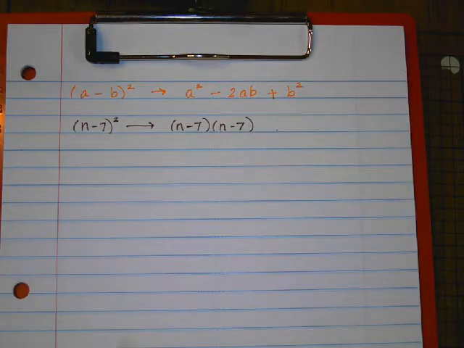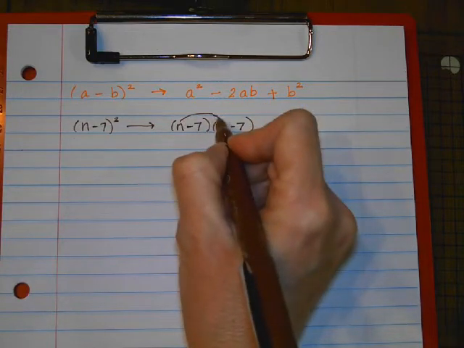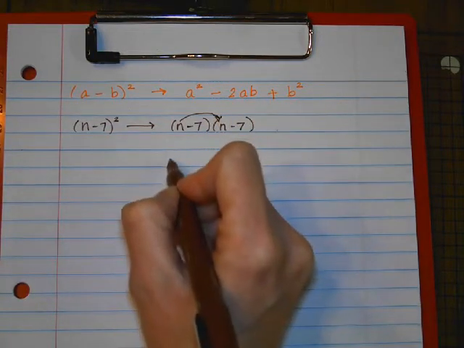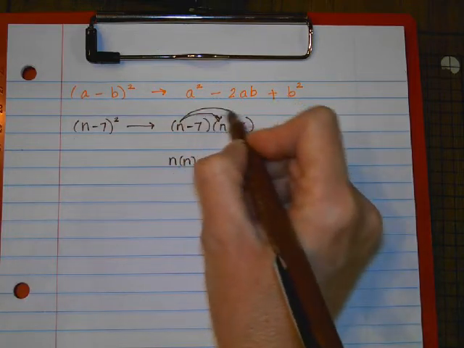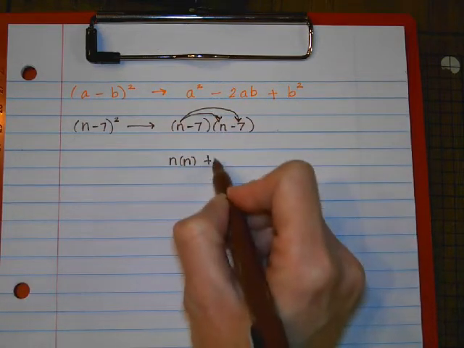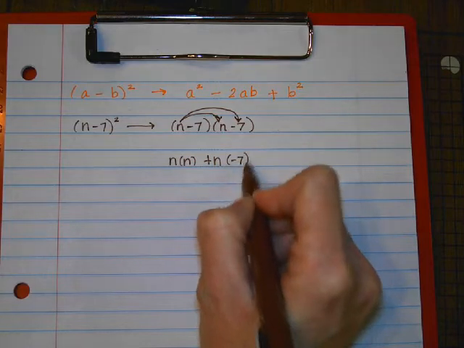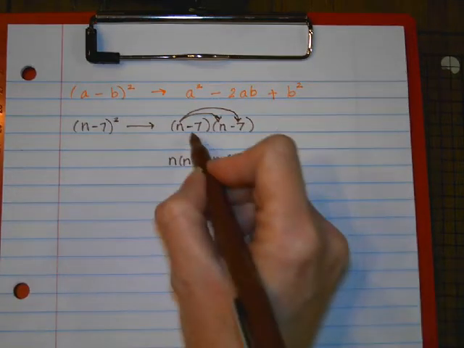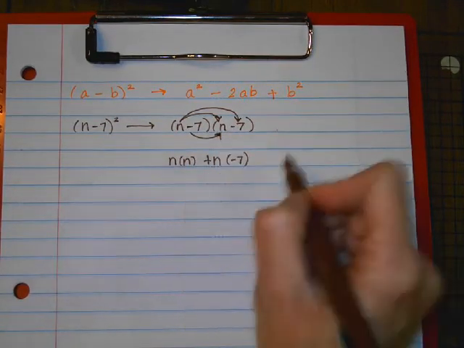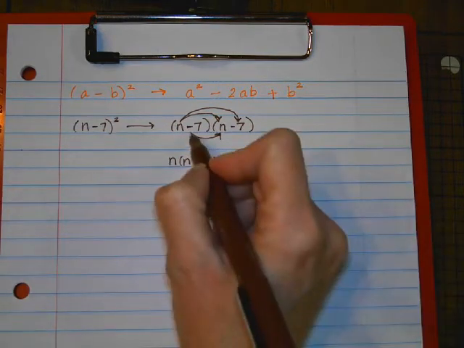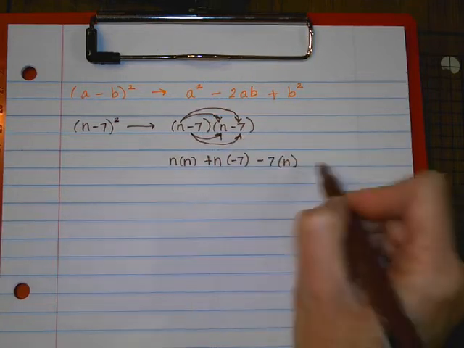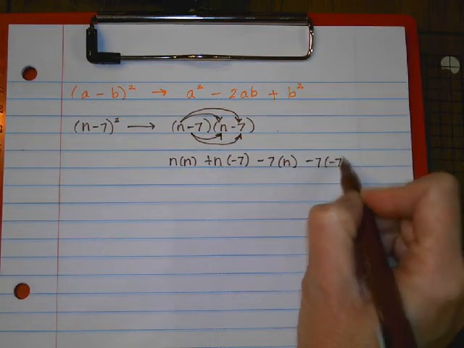Remember, we distribute: n times n, then n times negative 7, then negative 7 times n, and then negative 7 times negative 7.